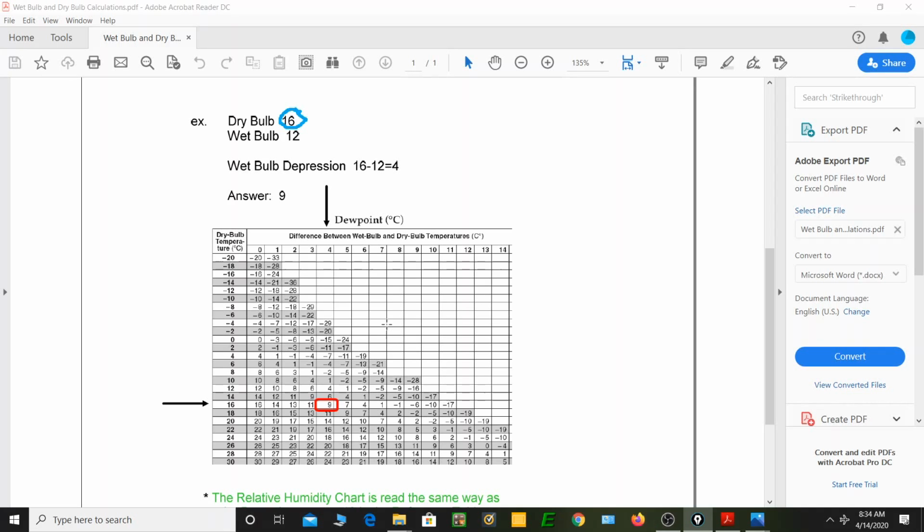Now, the biggest mistake that people make, they see dry bulb over here, and what they do is they go down, they go to 16, there's the dry bulb, then they go over to the top, the x-axis for the dew point, and they say, oh, we have a dry bulb, we have a wet bulb, so the dry bulb was over here, the wet bulb must be over here, so they go to 12. You go down, go across, and they assume that's where you find your answer.